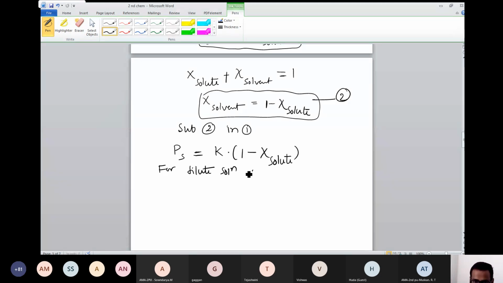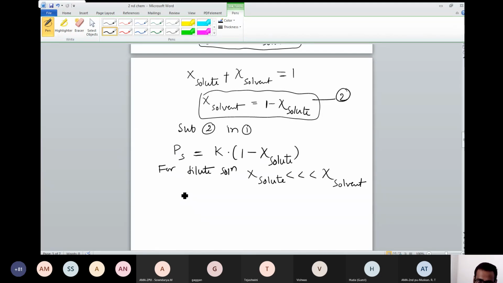What happened then? Mole fraction of solute is very much less than mole fraction of solvent. This is the most important. Then here it is negligible now. Who is negligible? This mole fraction of solute is negligible because I am taking a dilute solution.